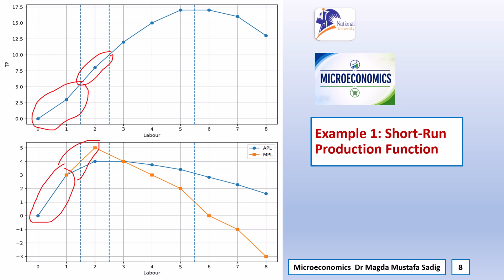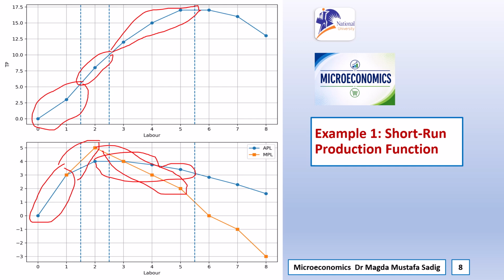The second stage, diminishing returns, begins when average product starts to decline. Here, average product starts to decline. See? And total product is increasing slowly, and marginal product starts to decrease, but it is less than average product.